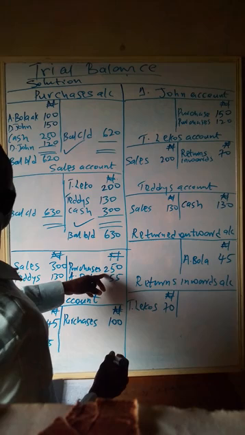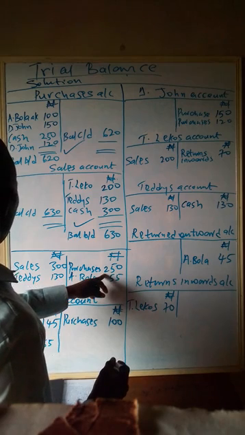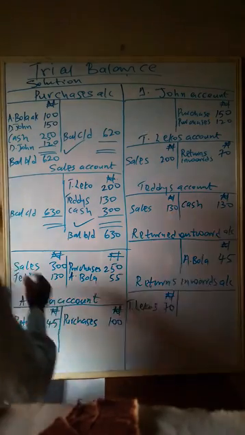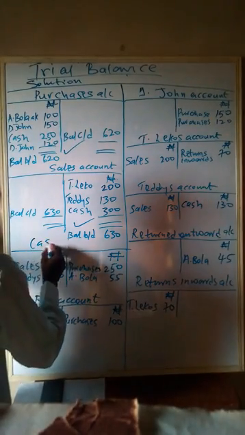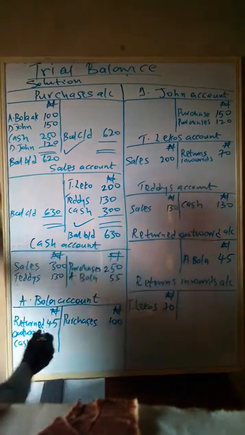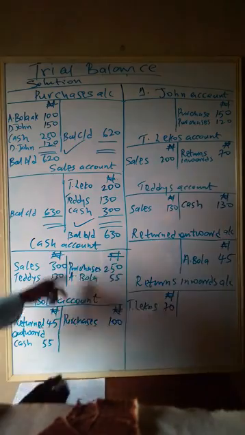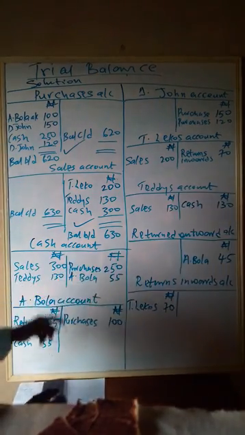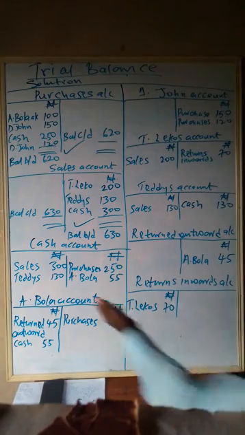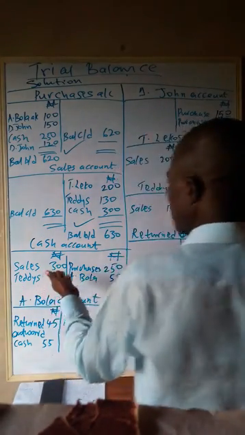Next account is cash account. In the cash account, I collected 300, 130, that is 430.